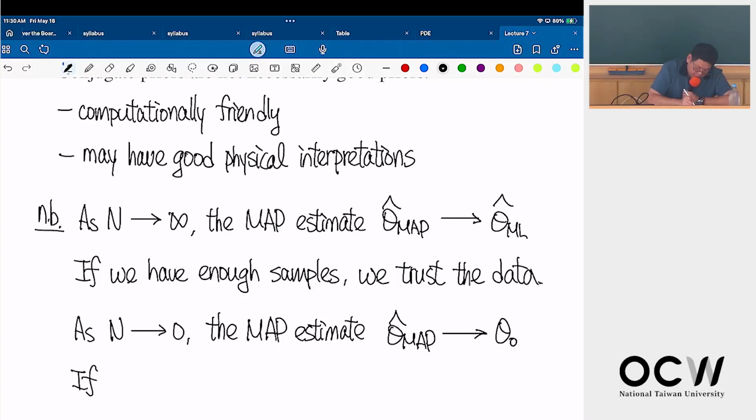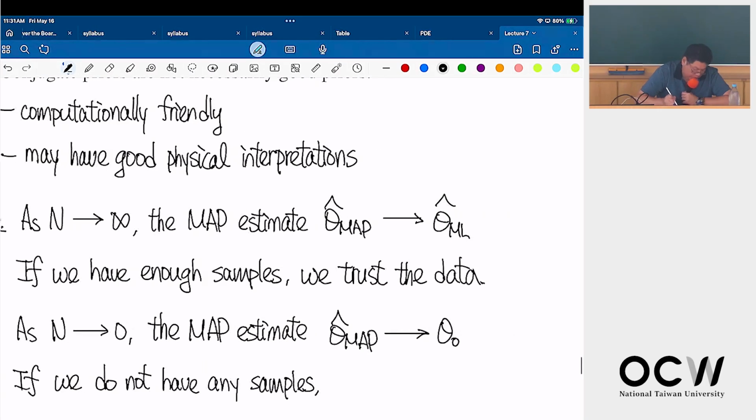That means if we do not have enough or any samples, then we only trust the prior.